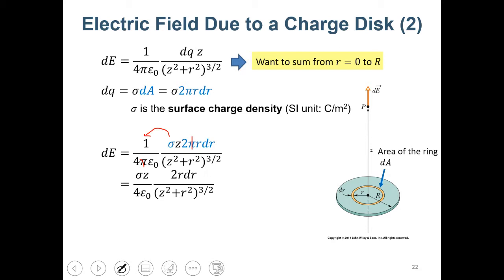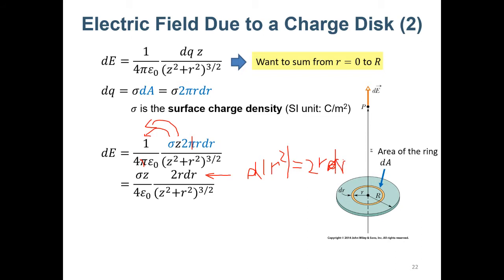Sigma to the front, Z to the front, and keep 2rdr here. When you were in calculus class, you learned that d(r squared) is 2rdr. So we can use this substitution to solve this integral.